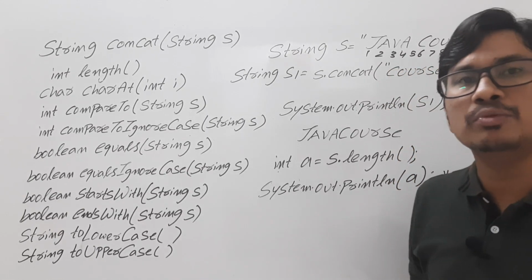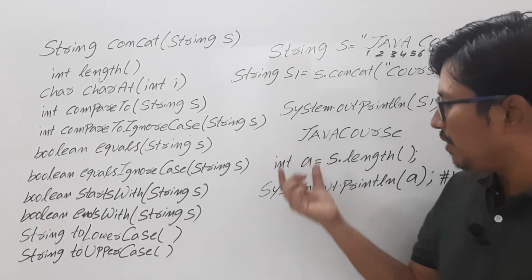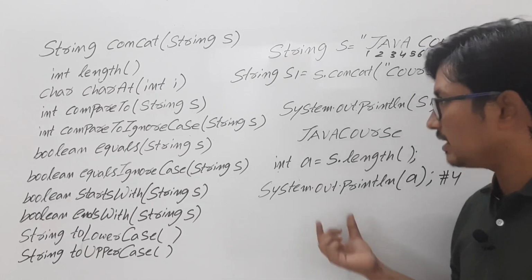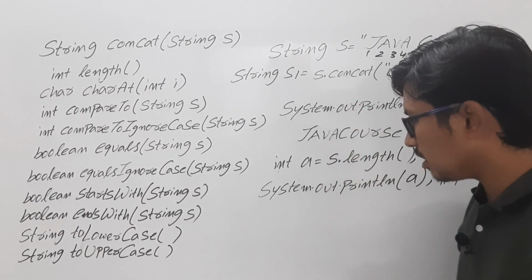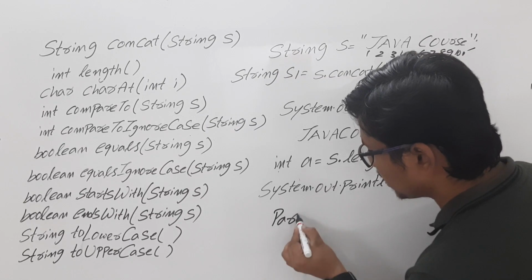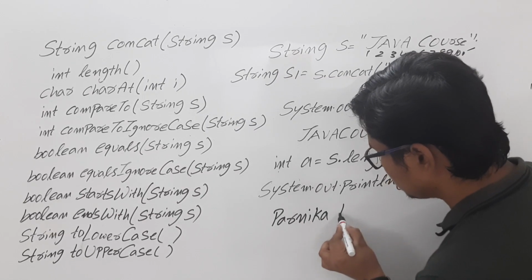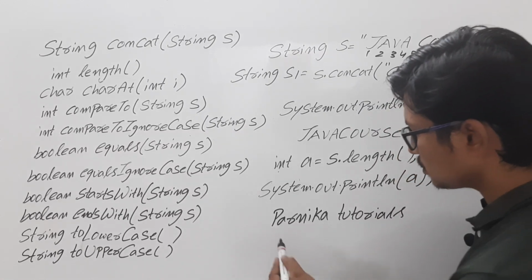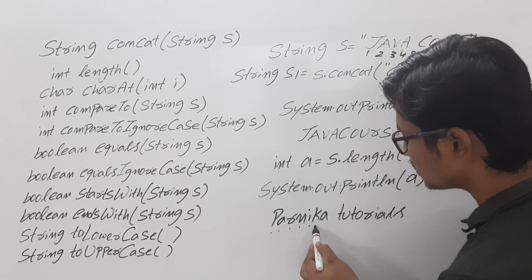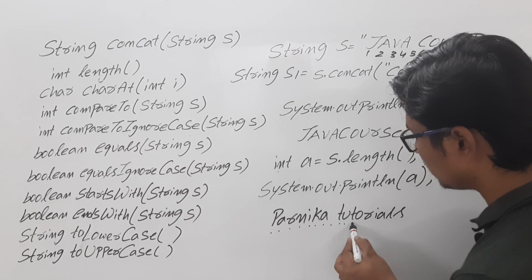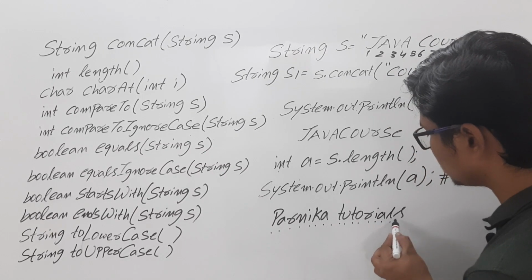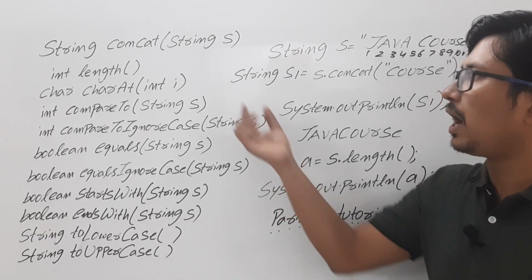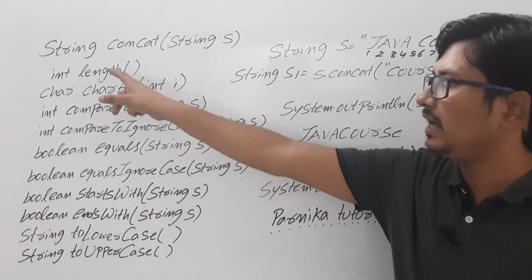So it will give you the output as 11. So whenever you have a particular string, space, another string, like Java course, or let's take Parnika tutorials, Parnika space tutorials, then it will even count the space. So 1 2 3 4 5 6 7 8 9 10 11 12 13 14 15 16 17. So it will give the output as 17. I hope you have understood about the concat and length.